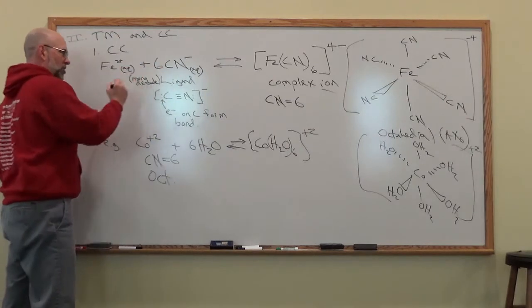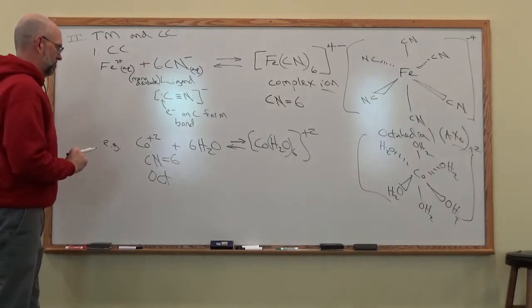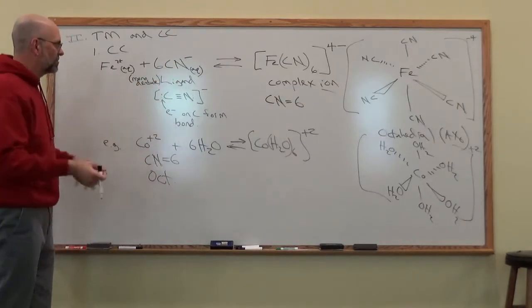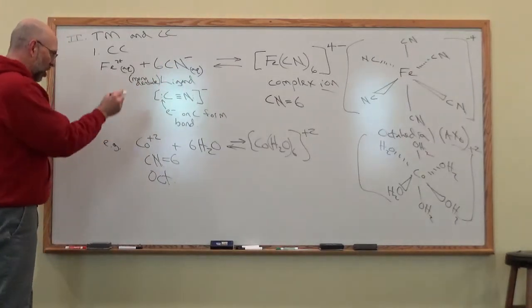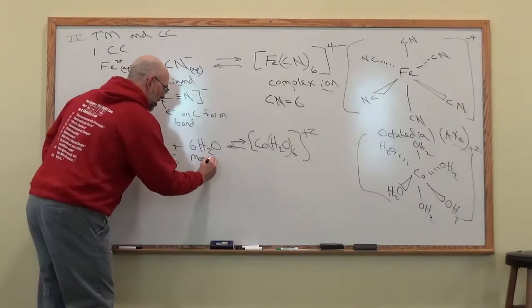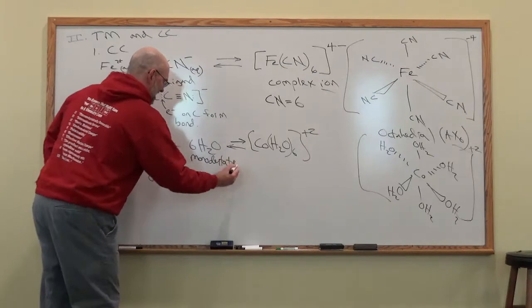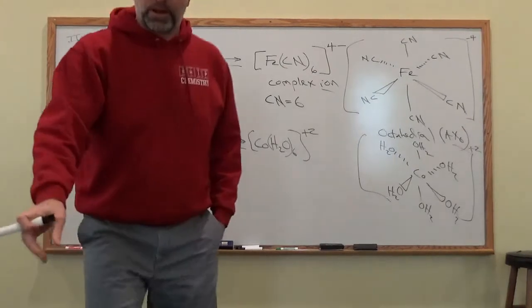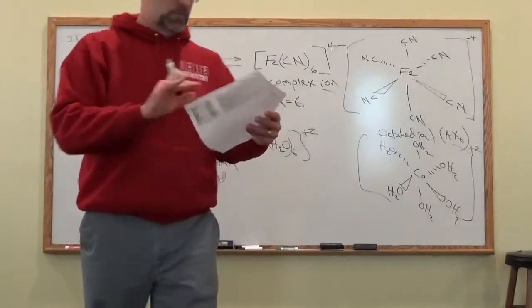The carbon grabs onto it, not the nitrogen, and not both at the same time. It's just the carbon. With water, water is also a monodentate ligand. How do you know? Well, I guess the easy way to know is, I tell you.